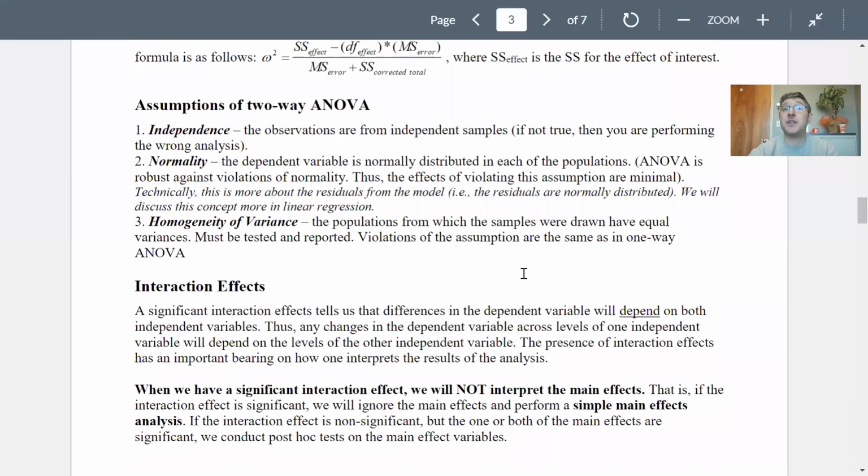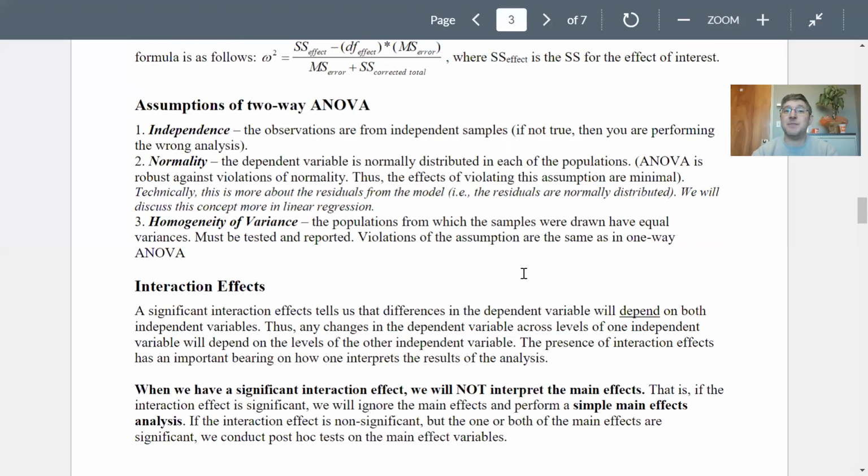So the assumptions for the factorial ANOVA are the exact same as they were for the one-way analysis of variance. We have an independence assumption: the observations from each sample are independent of one another, or the observations from each sample don't depend on observations in another sample.